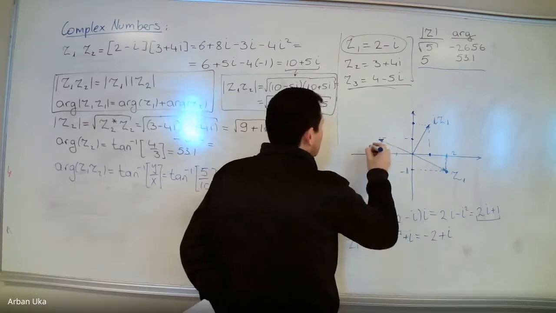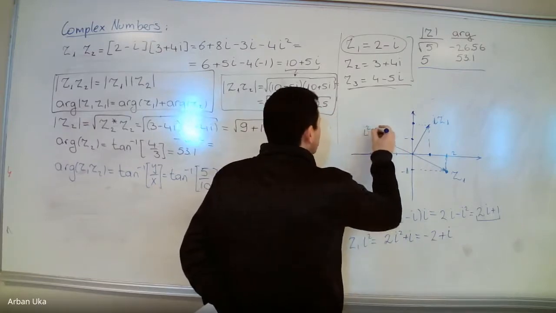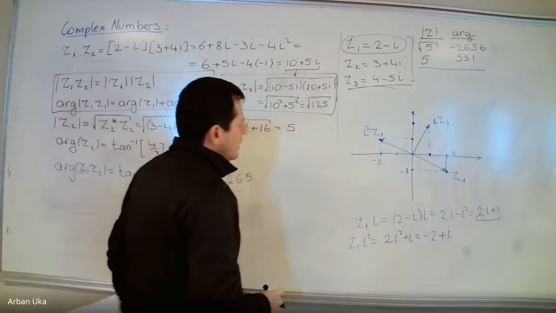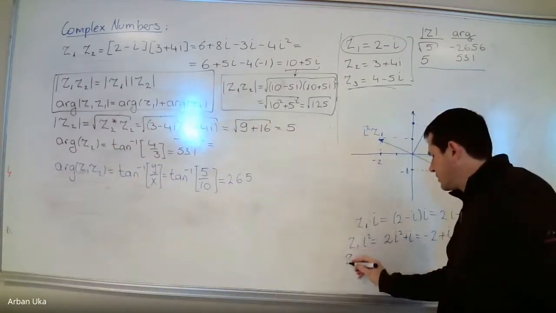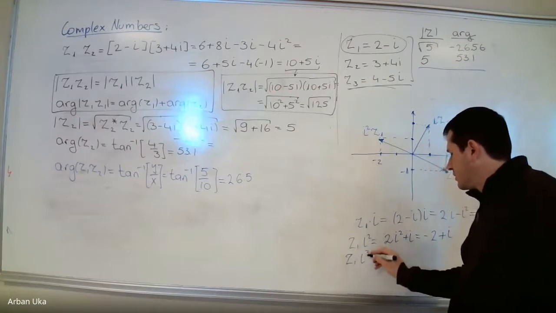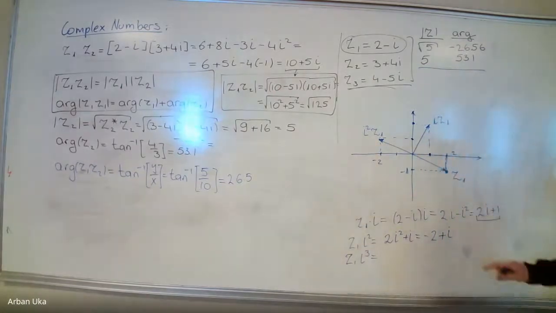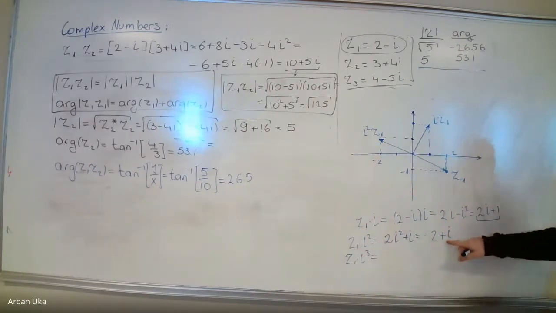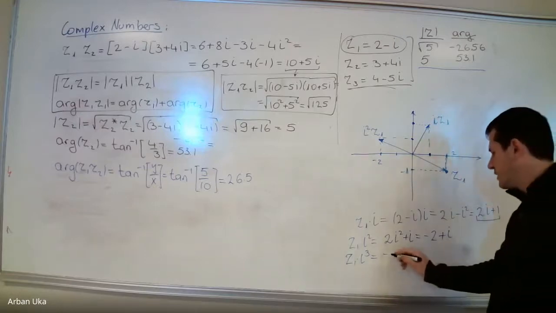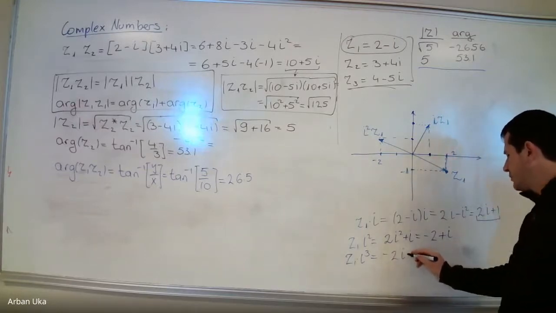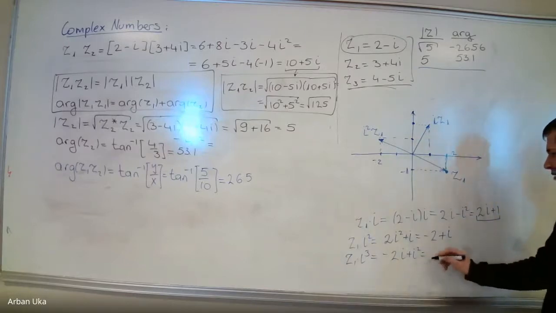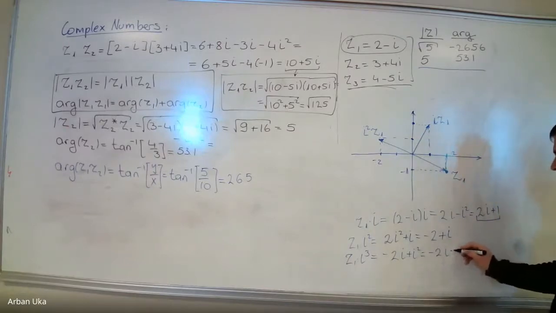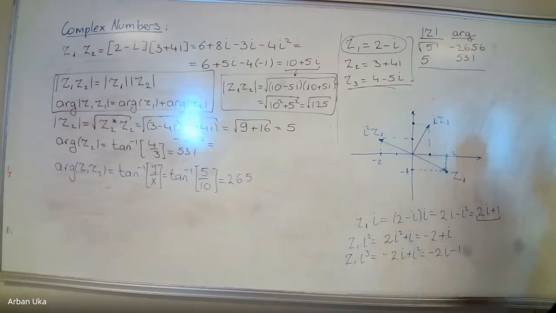So this is equal to I squared z1. And now let's find what is z1 times I cubed. Let's multiply this number by another I, which is minus 2I plus I squared, which is equal to minus 2I minus 1, because I squared is minus 1.